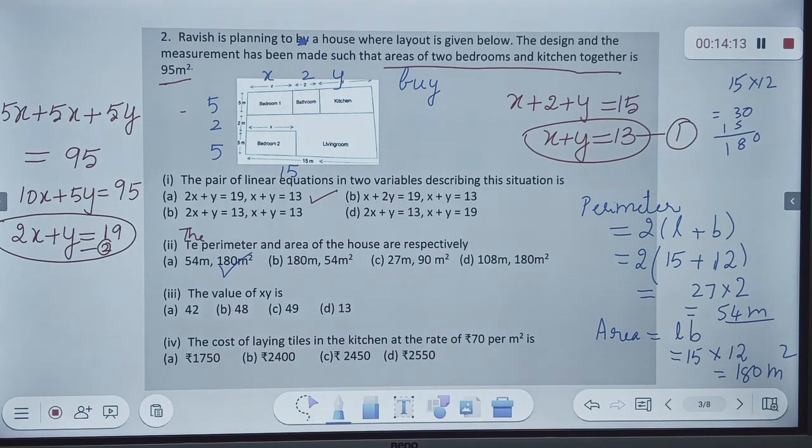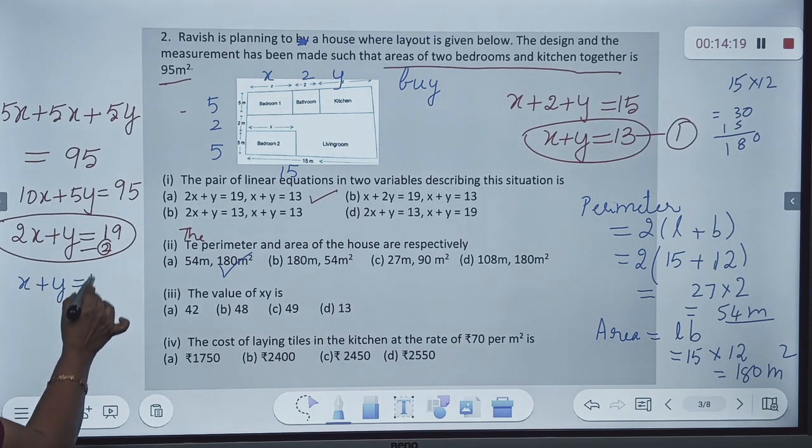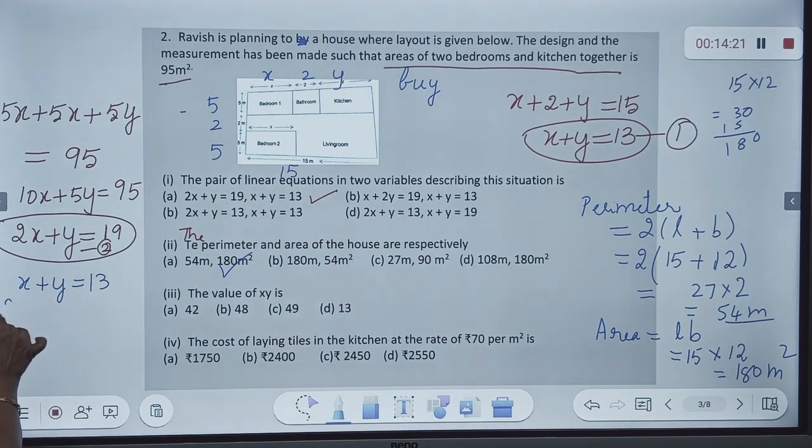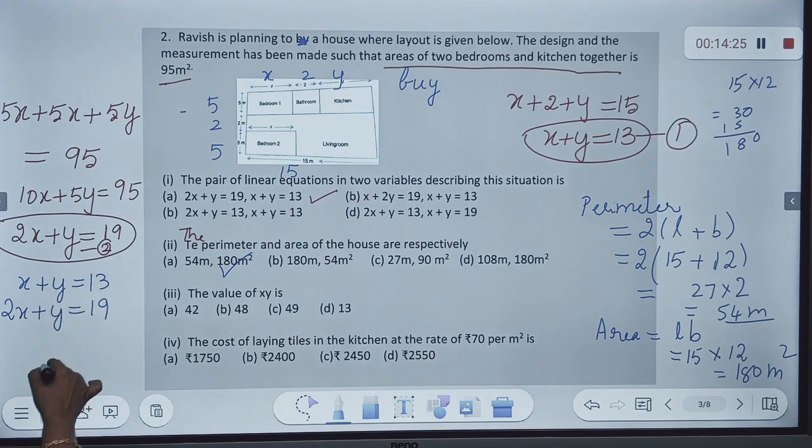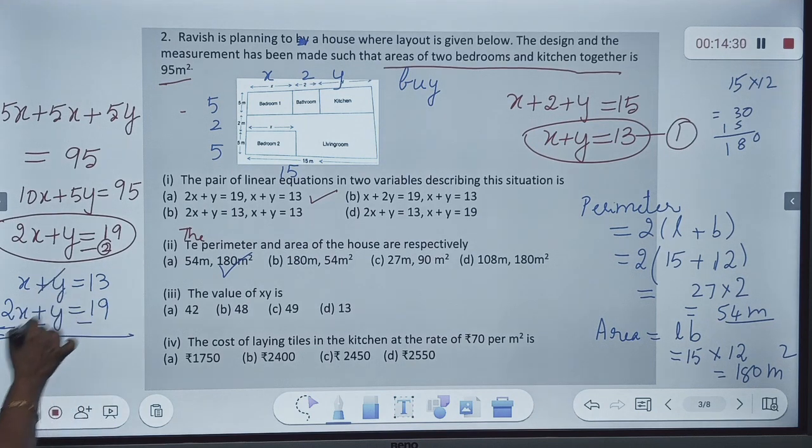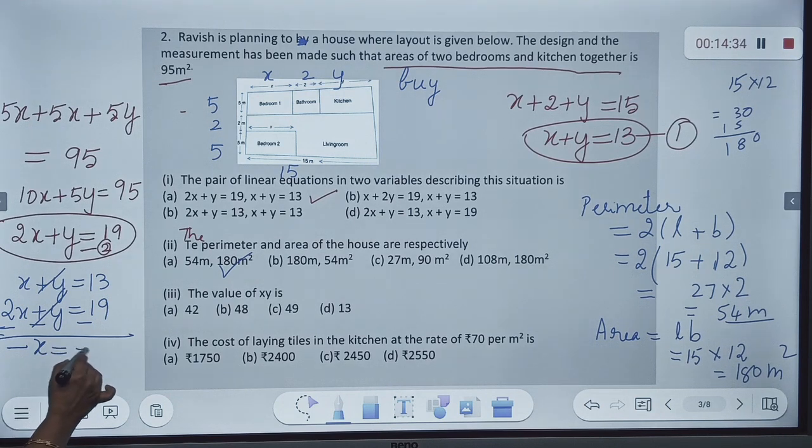What is the value of xy? We have not solved the equations yet. x plus y equal to 13, 2x plus y equal to 19. So subtracting, what will you get? The y gets cancelled. Minus x equal to minus 6.